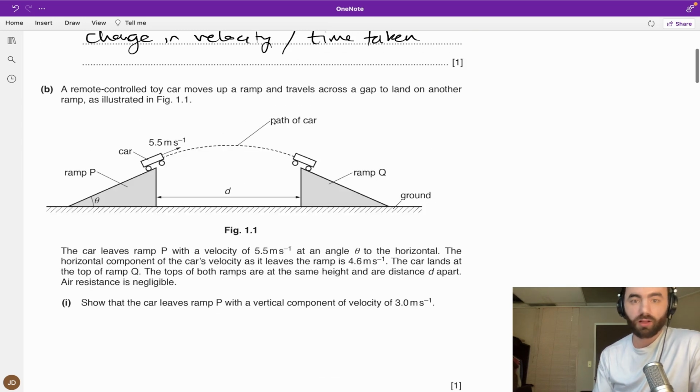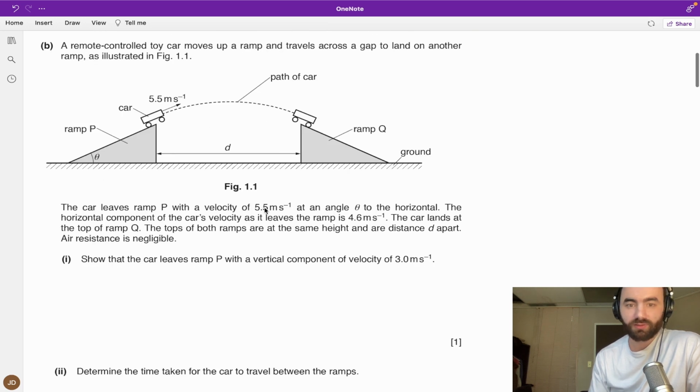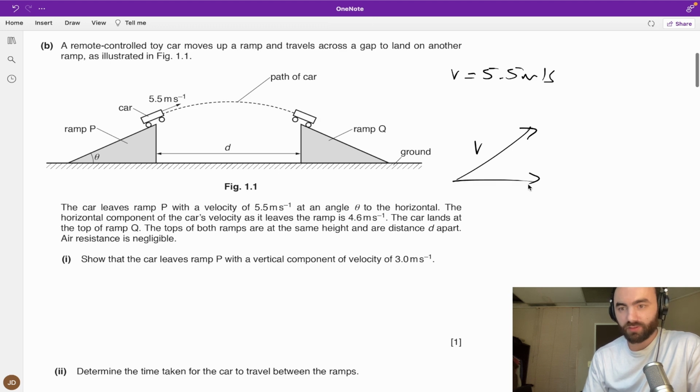Some car moves up a ramp as illustrated. The car leaves the ramp with a velocity at an angle. The horizontal component of the car's velocity as it leaves the ramp is 4.6 meters per second. Its velocity here is 5.5 meters per second, but this velocity is made up of a vertical and horizontal component, Vy and Vx, this being the vertical and this being the horizontal.